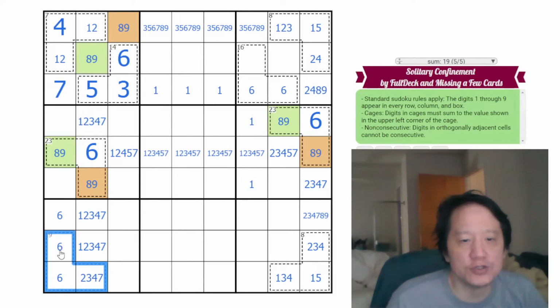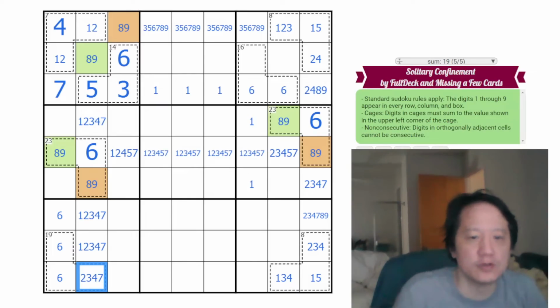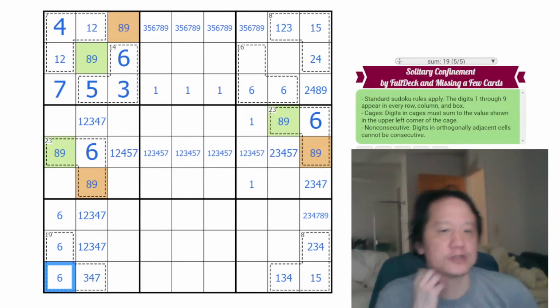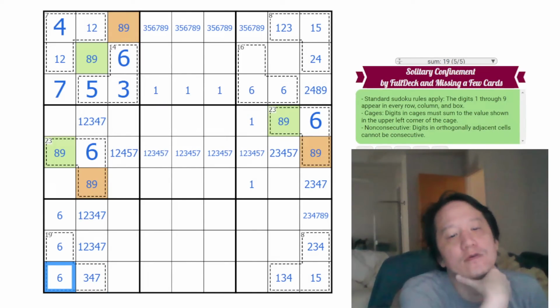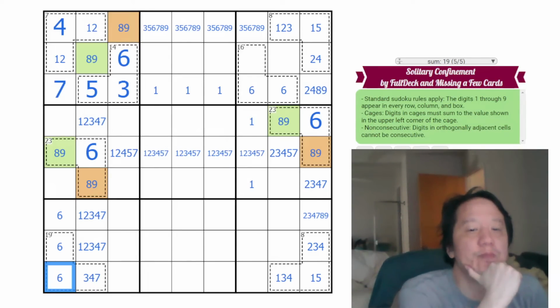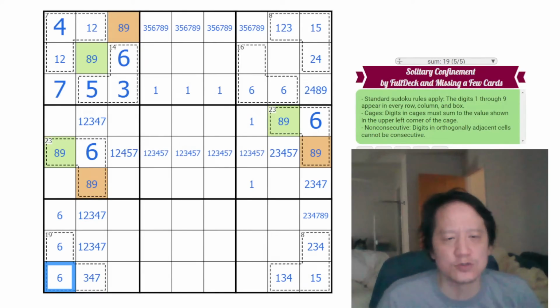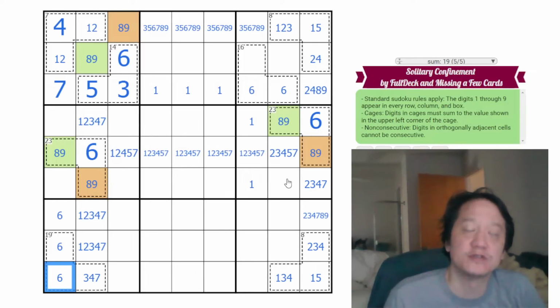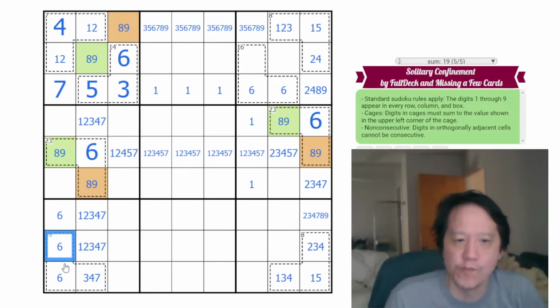This cannot be 2, 8, 9. So this has to be at least 3, 4, or 7. Can you have 19 without an 8 or 9? No, because the maximum you can get is 5, 6, or 7, which does not work.